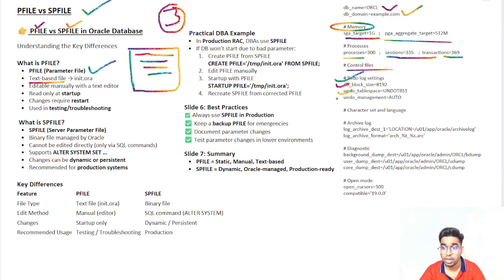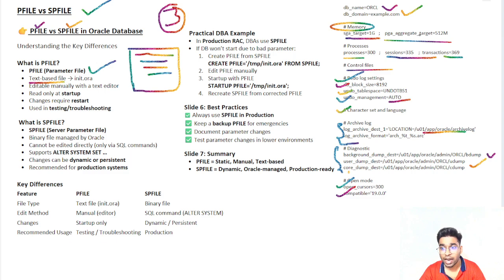This parameter we keep as the undo tablespace, and it will consist of character set and language parameters, Oracle log destination paths, the diagnostic path, open cursors and compatibility. These are all the parameters contained in this parameter file.